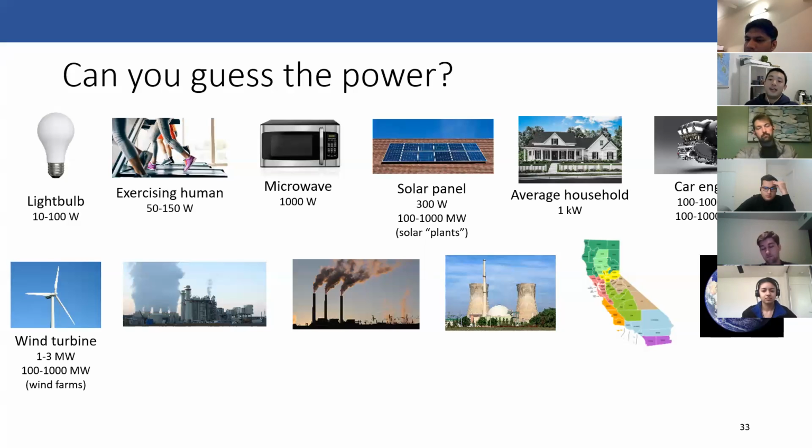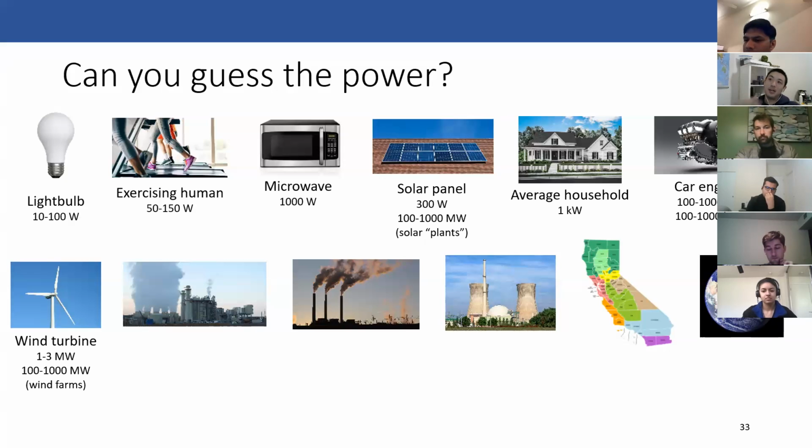And actually, 1 to 3 megawatts might be a good characterization of onshore, so the ones on land. The ones that are offshore can actually be quite a bit bigger. You've got blades that span over 150 yards, and single turbines can have capacities as high as 5 megawatts these days, which is kind of mind-boggling if you think about it.